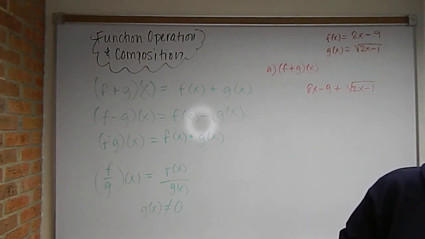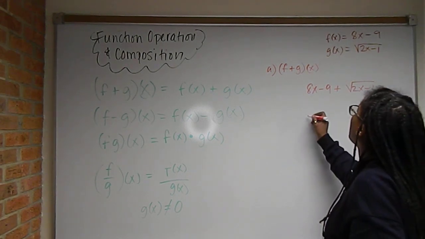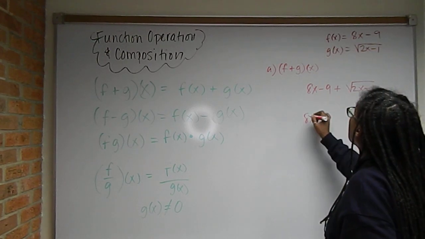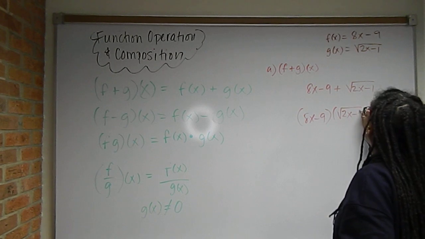Subtraction is going to be the same thing. You know that. Multiplying is going to be the same thing. When we multiply, what are we going to have? We're just going to have 8x minus 9 times the square root 2x minus 1.